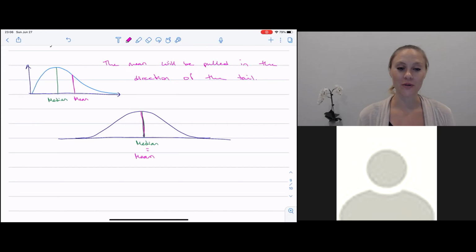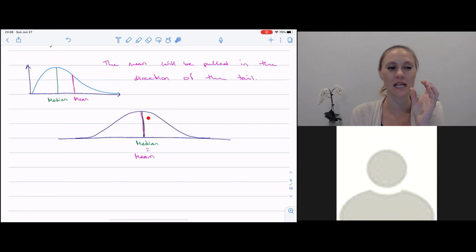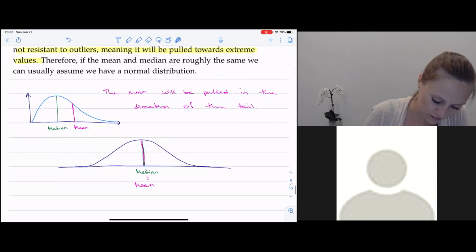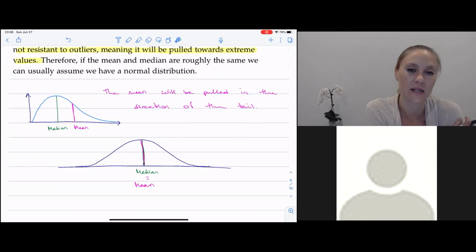Mean, median, mode. Mode, remember, is the highest peak of data. So if you have a normal distribution, then the mean and the median and the mode are all the same. Okay. But usually I just focus on the median and the mean because they're calculable.